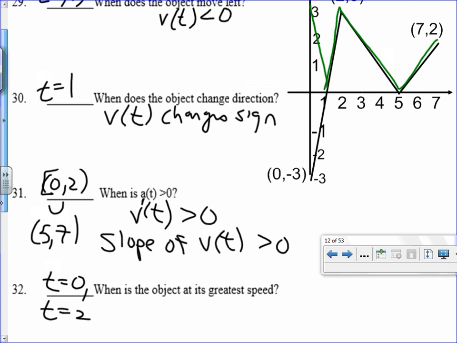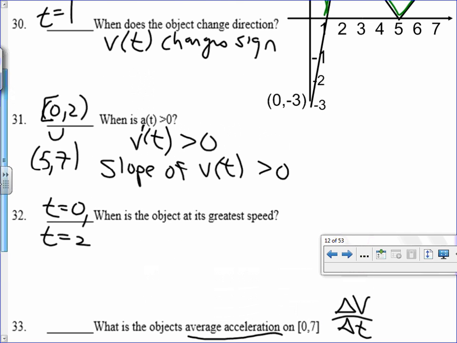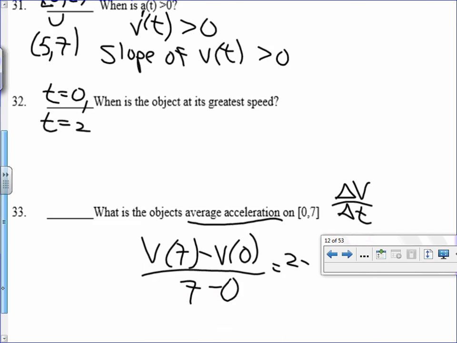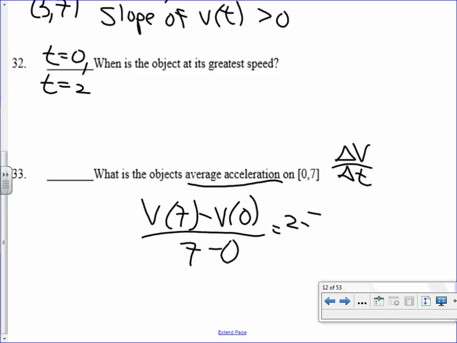So it's 2 minus the velocity at time 0, which is negative 3, over 7. So it looks like we get 5/7. Which is just the slope of the secant line drawn to the velocity graph from 0 to 7.